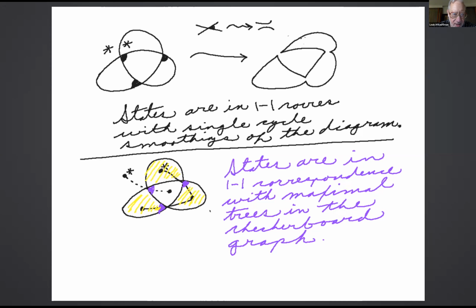So the states that I have described for you, which come naturally from Alexander's original determinant formulation, these states are single cycle states of the diagram. They're in one-to-one correspondence with that.